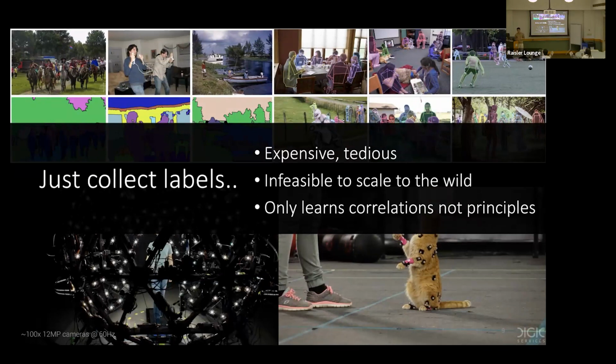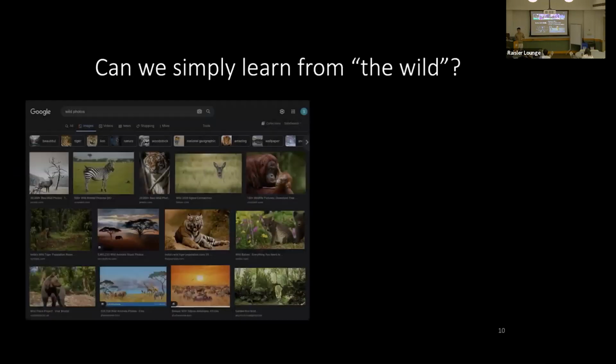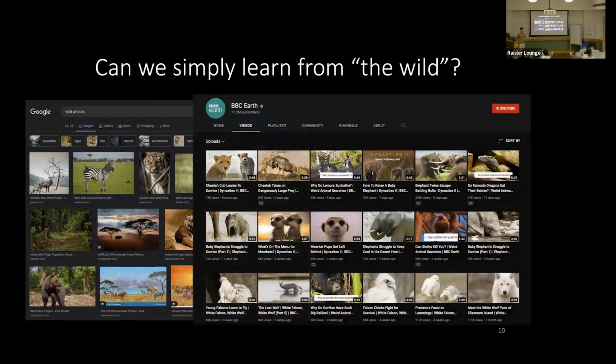And more fundamentally, it learns the correlations instead of the principles that we humans, or scientists, would try to recover from nature. So the hypothesis, the setting of my research, has been trying to see if we can learn all these principles from just raw observations without human labels in the first place.